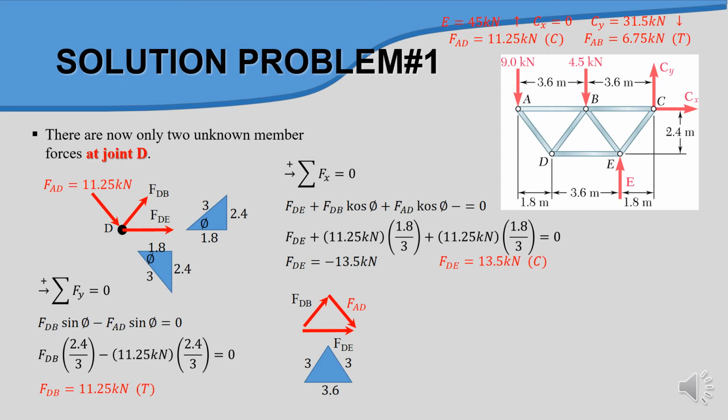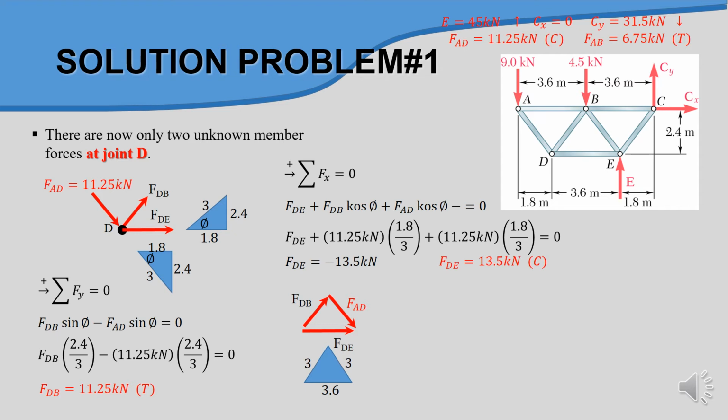Next we proceed with the net force in the x-axis equal to 0, since there is only one unknown. We have three forces joined together in this calculation: FDE, FDB cos theta, and FAD cos theta, which is equal to 0.